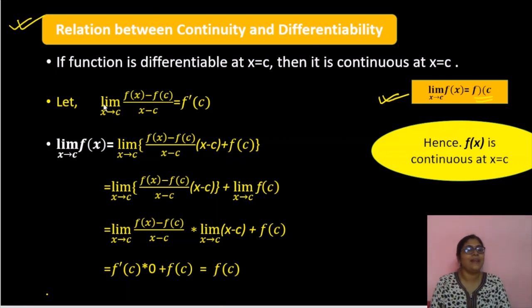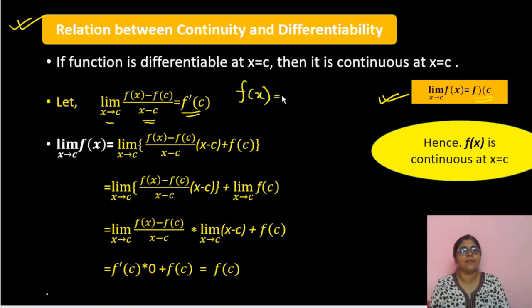So let us take the limit as x tends to c of (f(x) - f(c)) / (x - c), which is equal to f'(c), which we have discussed earlier. So let's write f(x) as f(x) - f(c) + f(c). The value is the same here.